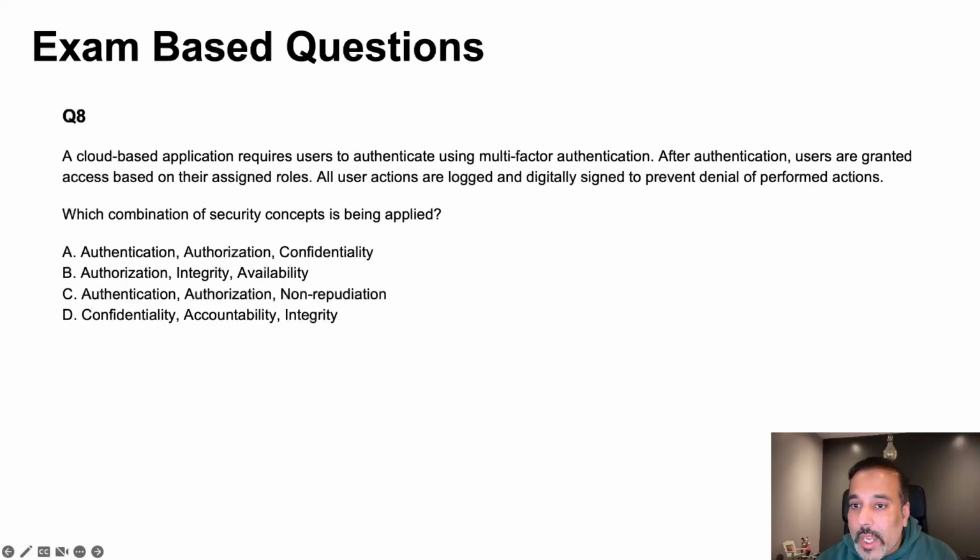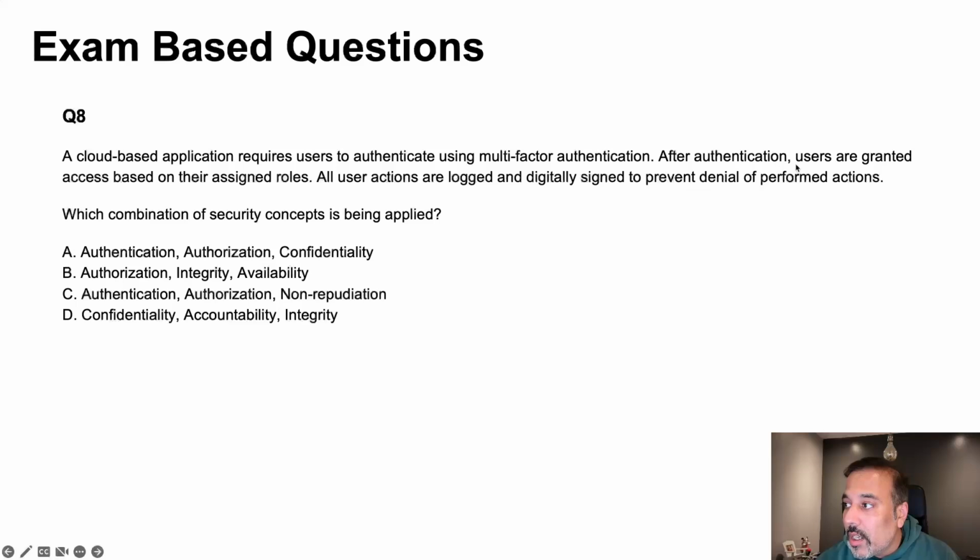Cool. Again, a scenario based question. A cloud based application requires users to authenticate using multi factor authentication. Like we discussed in previous videos, defense in depth, so they have this in place.